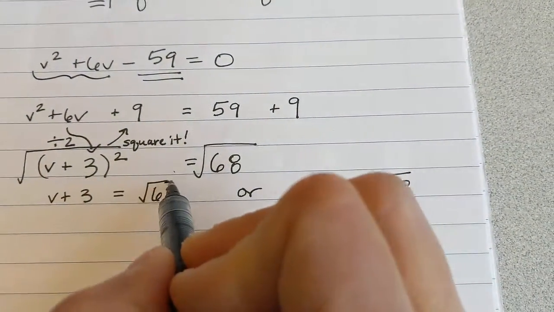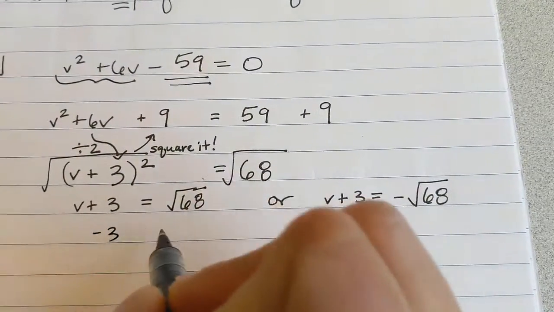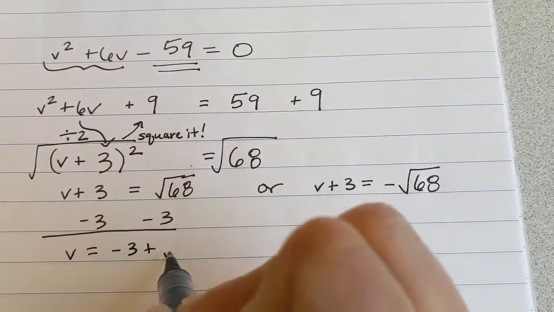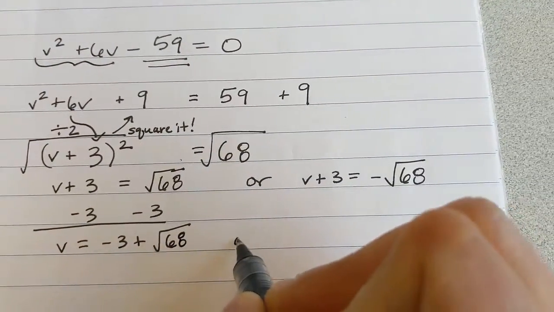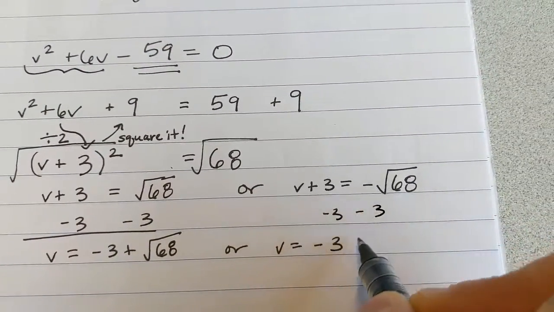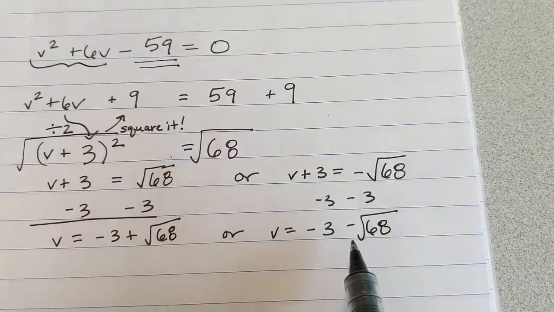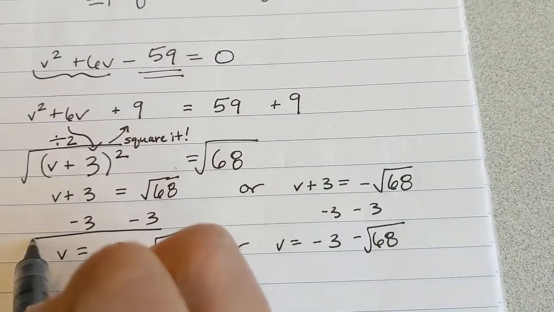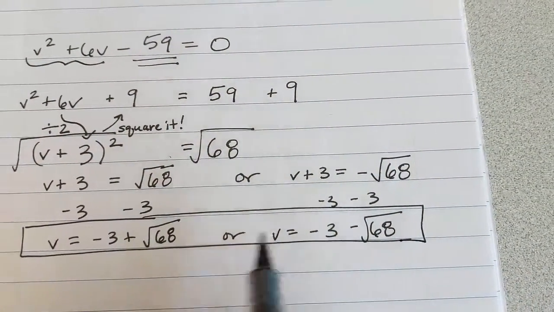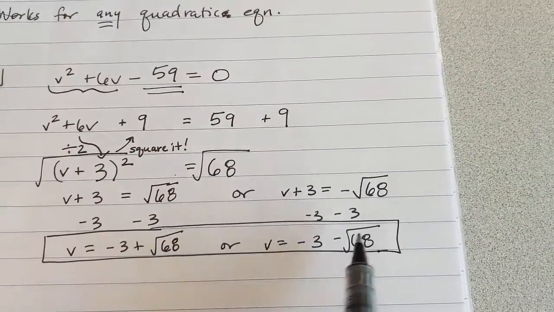The square root of 68 is not a perfect square, so we're just going to subtract 3 from both sides and leave that as a square root. v equals negative 3 plus root 68, or v equals negative 3 minus root 68. You could simplify root 68 a little bit. We're going to talk about that kind of stuff later, so for right now we're going to leave our two solutions like this. Notice that we could not have solved this problem using factoring, because those aren't factors that we could have pulled out.